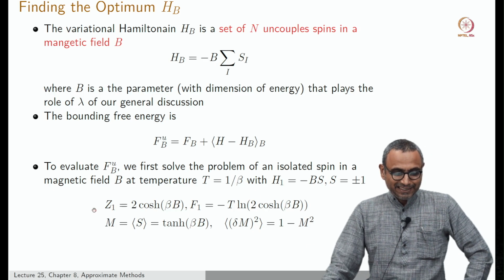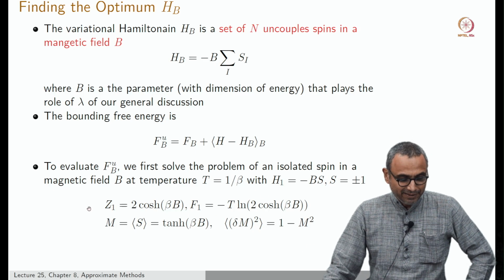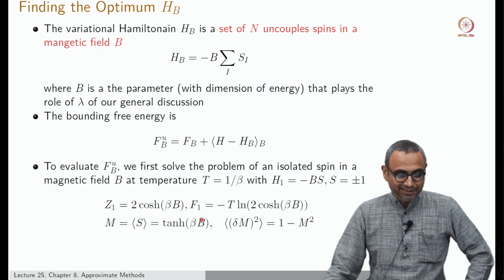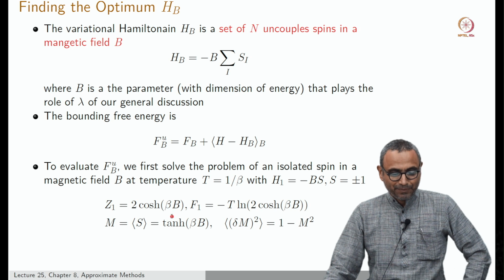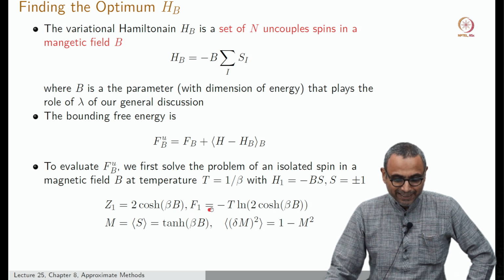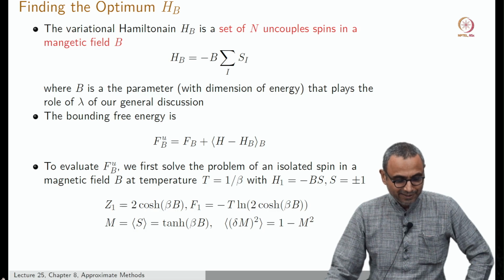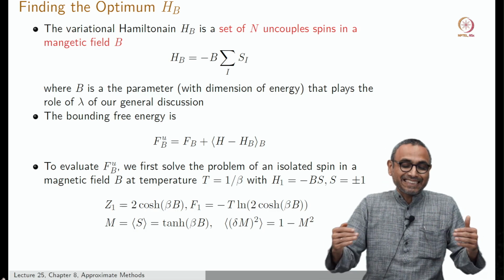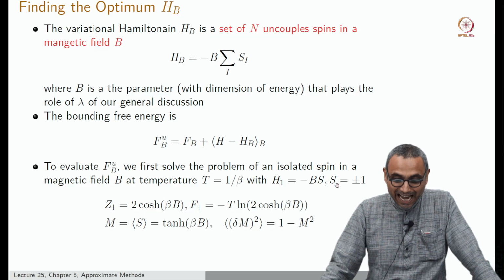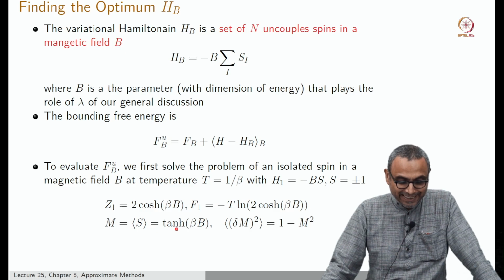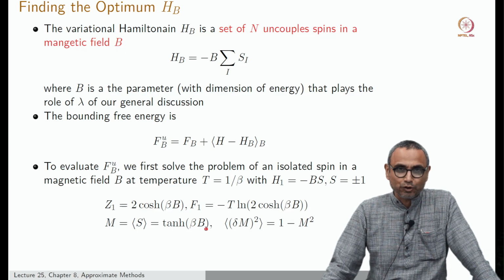So the answer for this is very simple. You can just do it in your mind. The partition function is just 2 cosh beta B, right? The free energy is just minus T times the log of this quantity. The magnetization, which is the average value of this quantity S, or the expectation value of S, is tanh beta B. This is also very easy to compute.